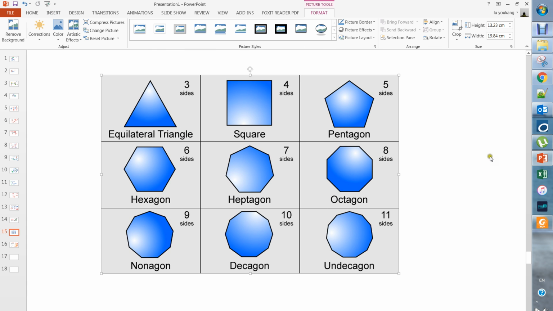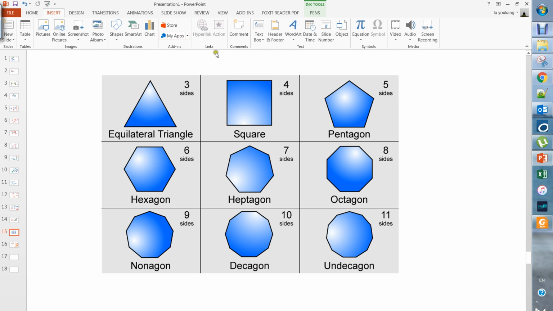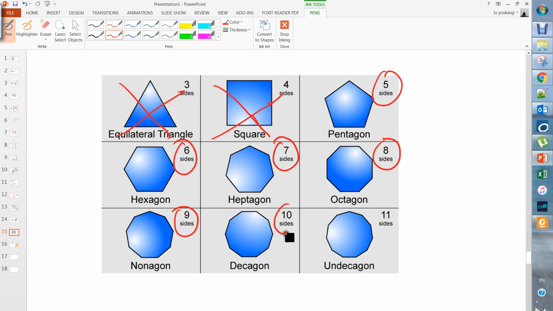Okay. So look. These are regular shapes. 3-sided is actually called triangle only. You don't have to memorize these two. I want you to memorize from here onward, 5 to at least 10. 5, 6, 7, 8, 9, 10.